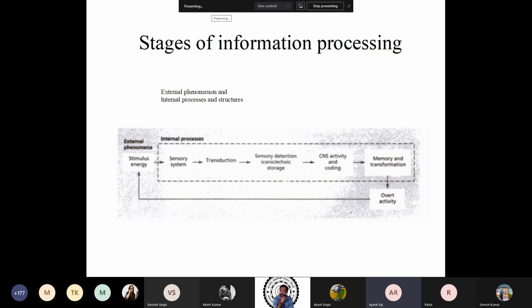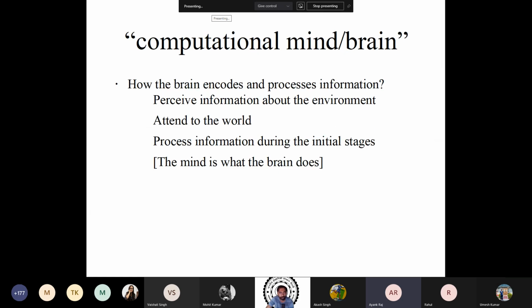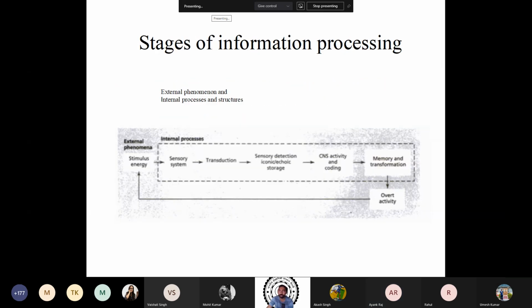Sir, like processing several images and memory. Sir, I could not understand the exact definition of overt activity. But I have not used overt and covert. I don't know from where you're referring to. But your question, is the question whether what you dream is sensation? Is that the question? Yes, sir.